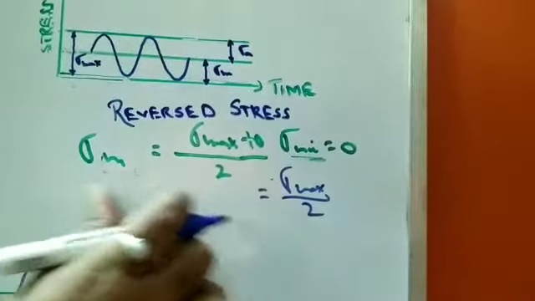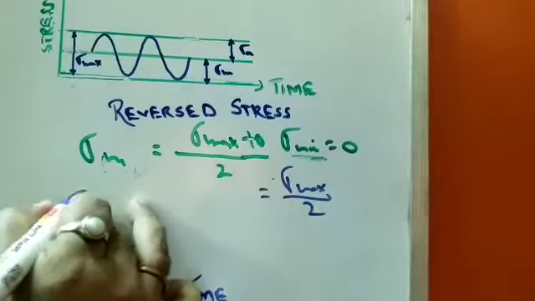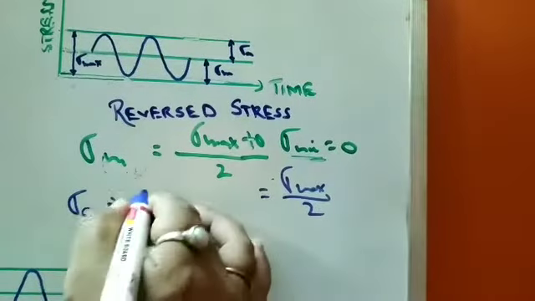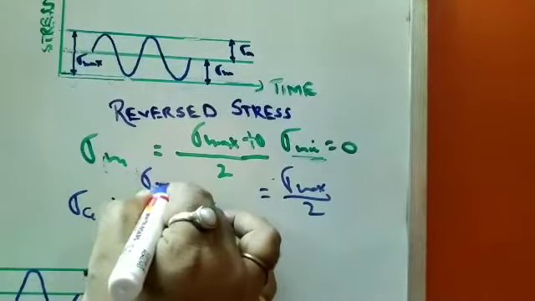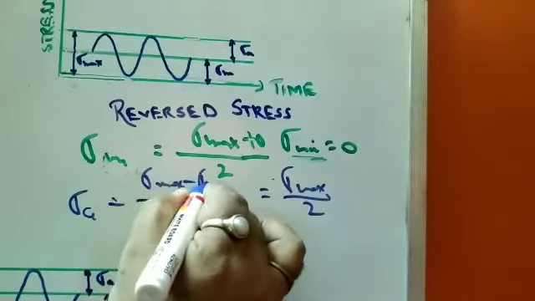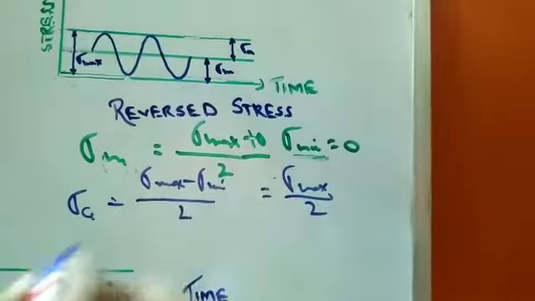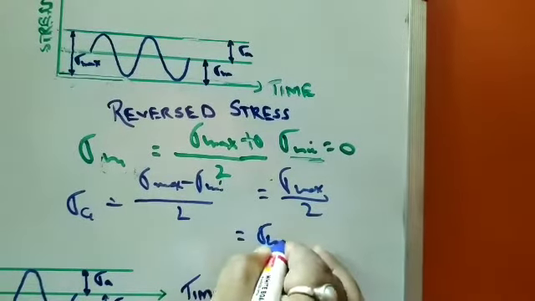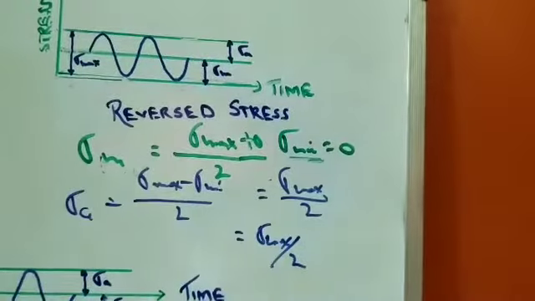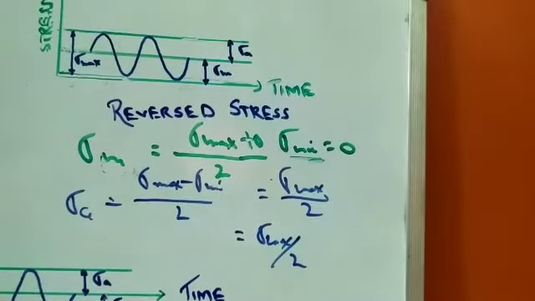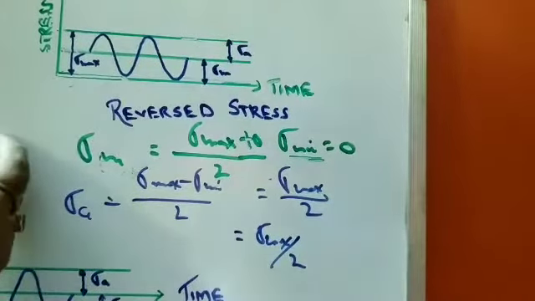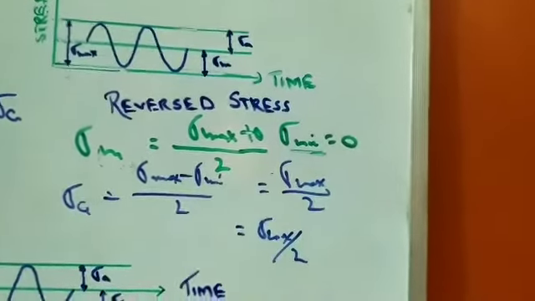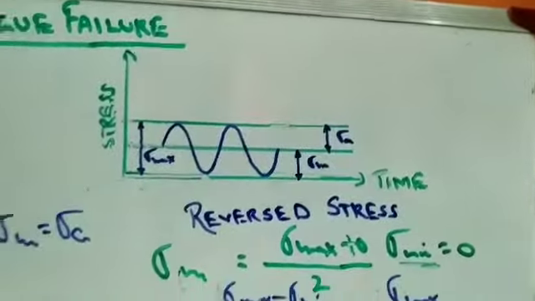For sigma alternating, we get sigma max minus sigma min by 2, and since sigma min is 0, the alternating stress is also sigma max by 2. So it can be seen that here the mean stress and the alternating stress are the same.